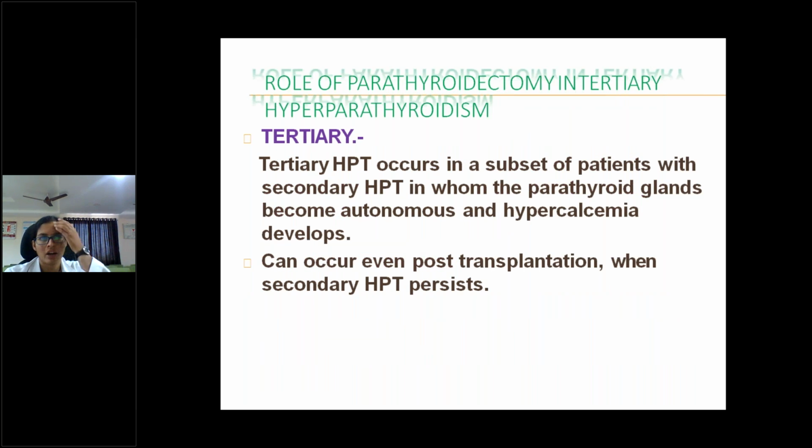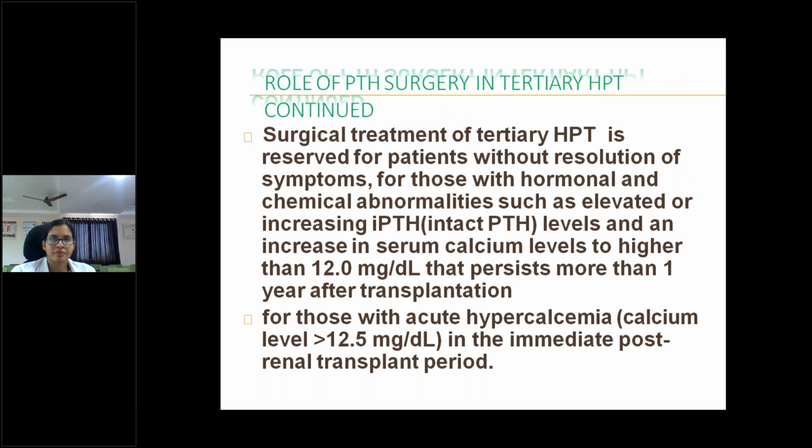And tertiary is when this becomes autonomous and hypercalcemia can occur even post transplantation of kidney. In tertiary also we usually go for medical management, and if it is not resolved, then we go for surgery.